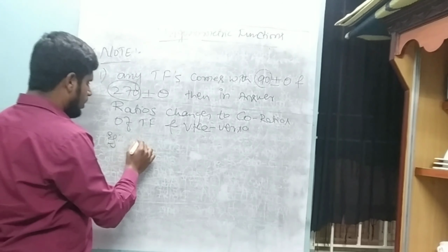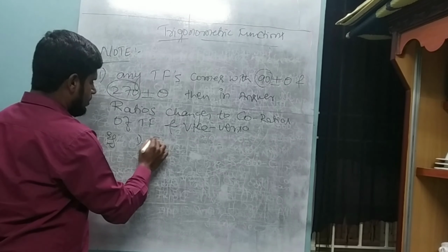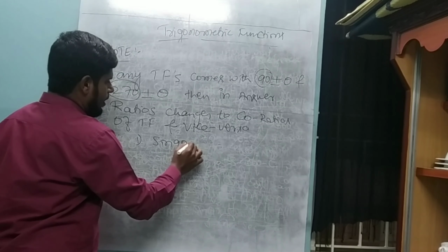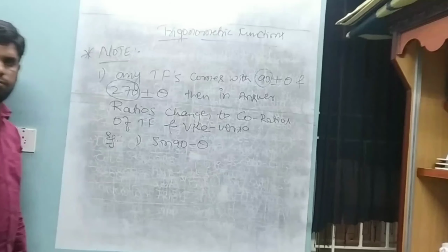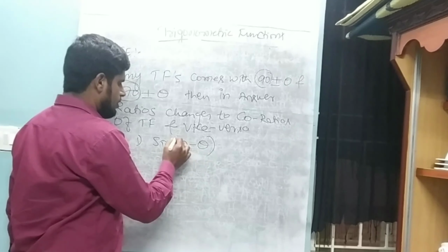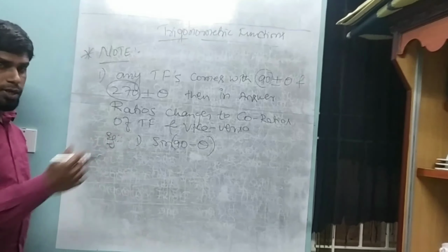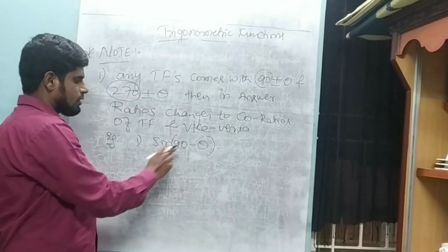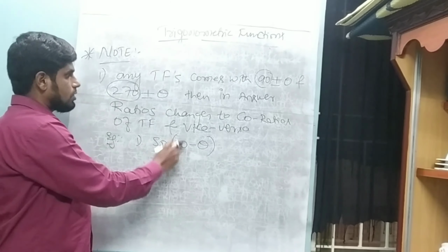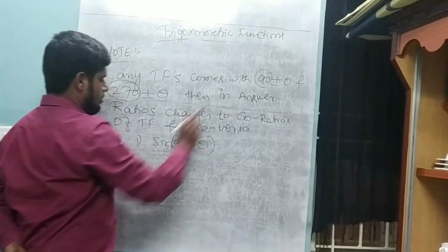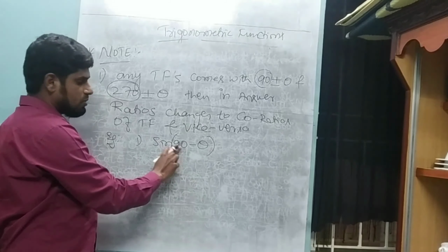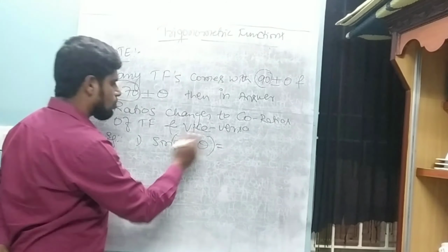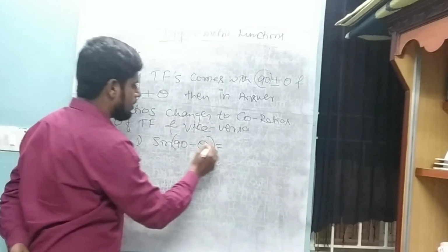So student, in our lower classes, we have studied that sine 90 minus theta. This was studied in SSLC, and at that time we didn't know how sine suddenly becomes cos. So student, 90 minus theta, sine is there here. Since the first note says 90, if 90 comes with sine, then it changes to its co. What is the co of sine?